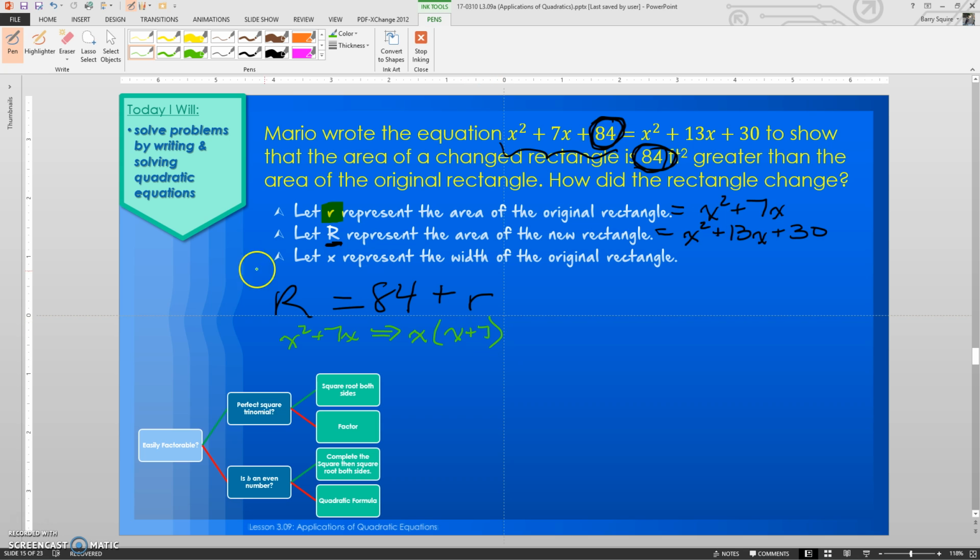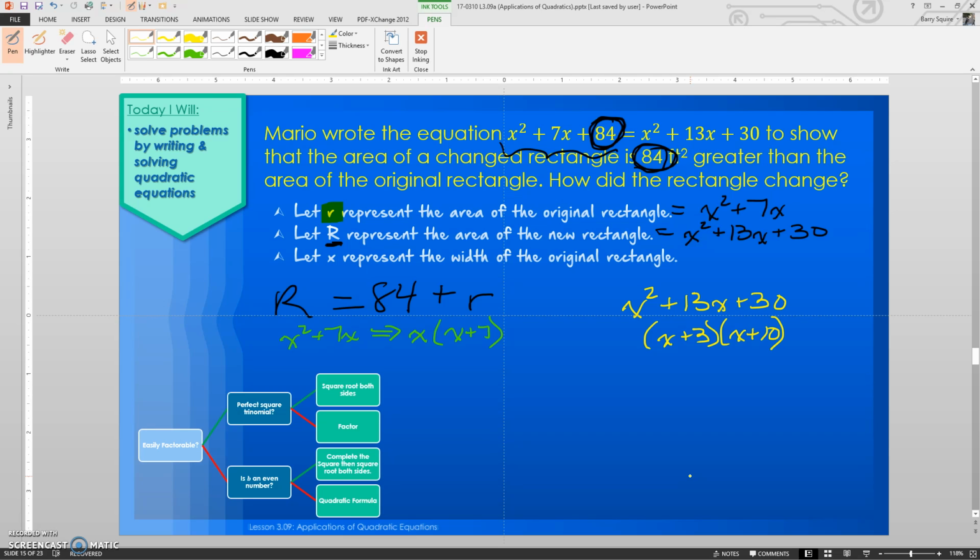And that's about as far as we can factor it. Then, if we look at the new rectangle, we have x squared plus 13x plus 30. And that factors out really nicely to x plus 3 times x plus 7. Sorry, x plus 10. Because 7 times 3 doesn't make 30. There we go.